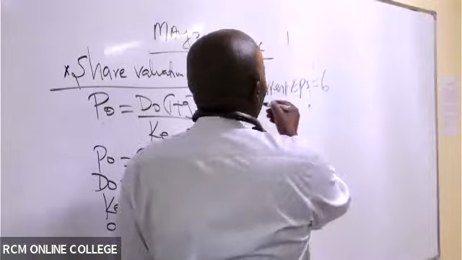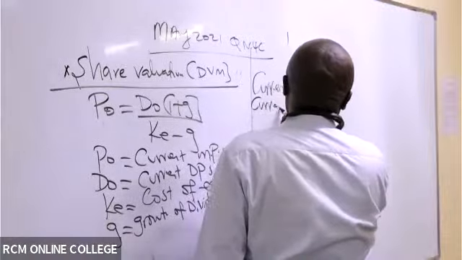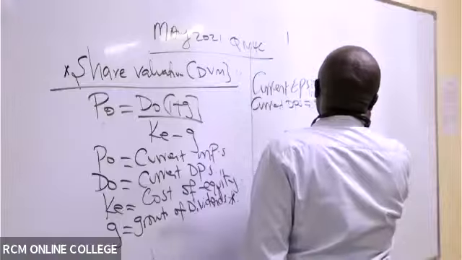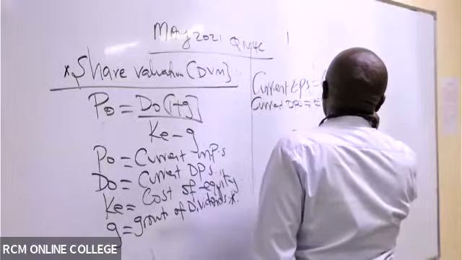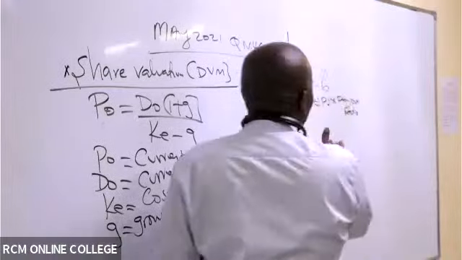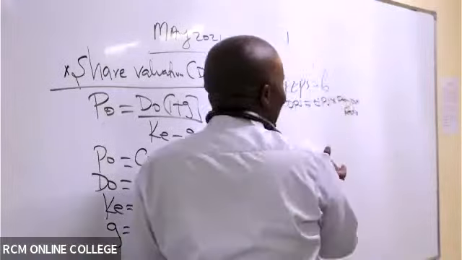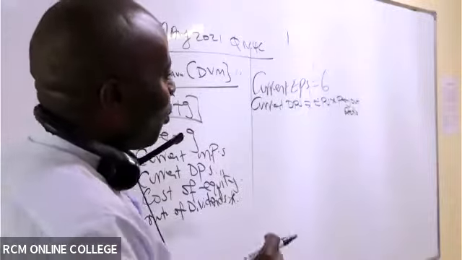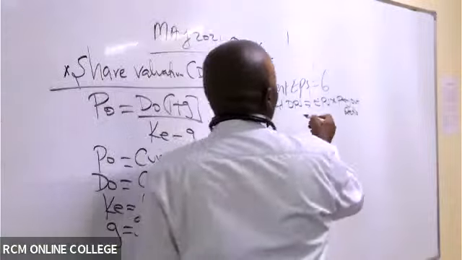So I'll be able to get the current DPS as EPS times payout ratio. Because dividends is what we are paying, isn't it? It is the opposite of retention. So current DPS will be equal to EPS that we have, which is 6.